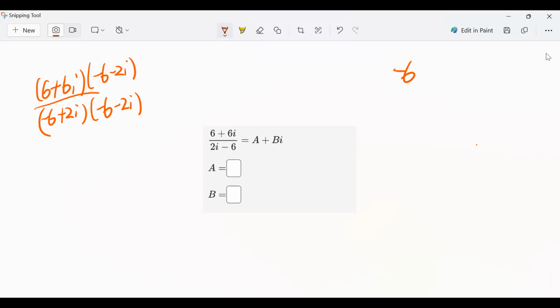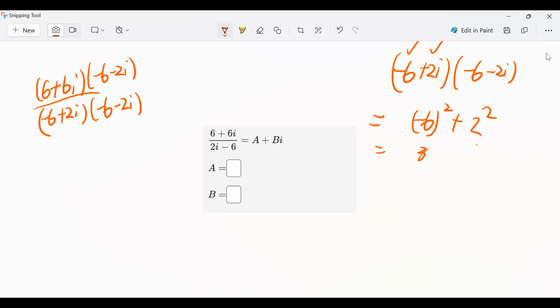And a quick shortcut, without doing all the detailed work, this will become a squared plus b squared. So the shortcut is it becomes -6 squared plus 2 squared. So it's 36 plus 4, equal to 40.